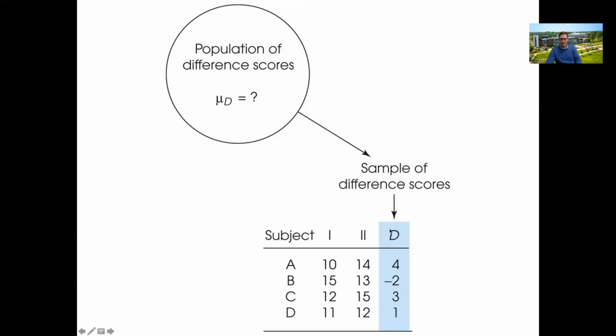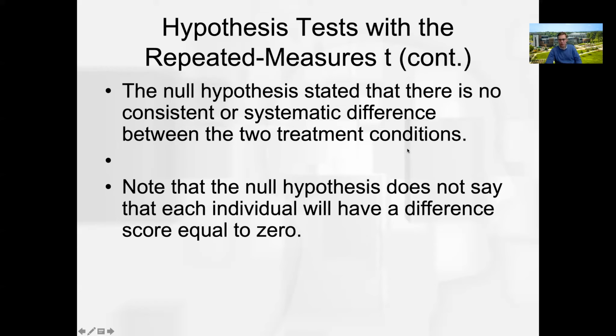So again, the null hypothesis says that there is no consistent or systematic difference between the two treatment conditions, or the pre and post, or the treatment and control. Note that the null hypothesis does not say that each individual will have a difference score equal to 0. So it's not saying that every D score will be 0.